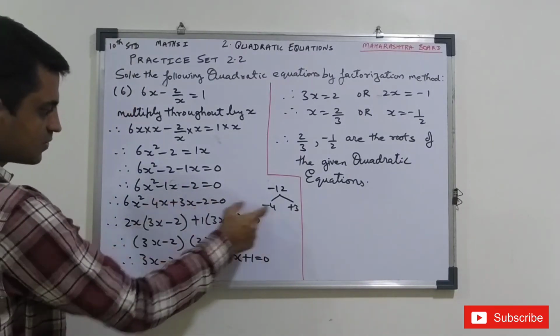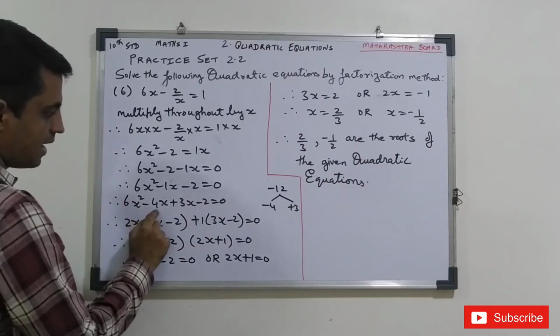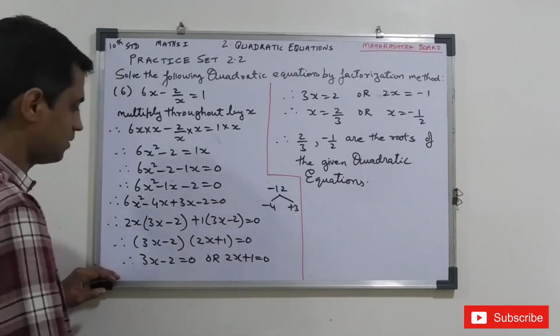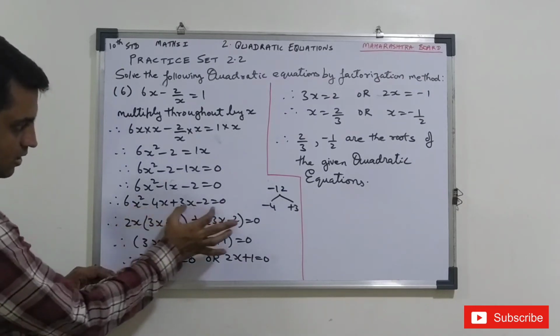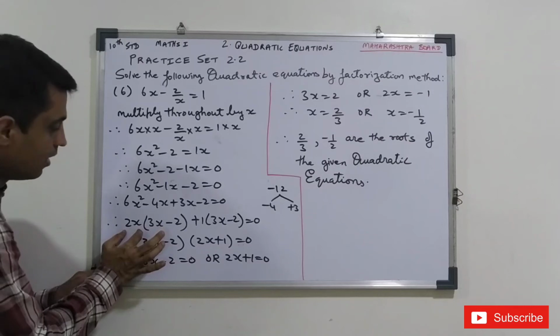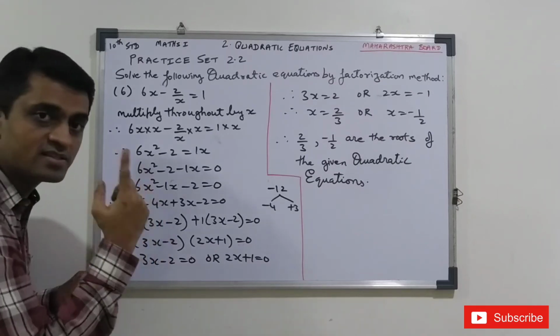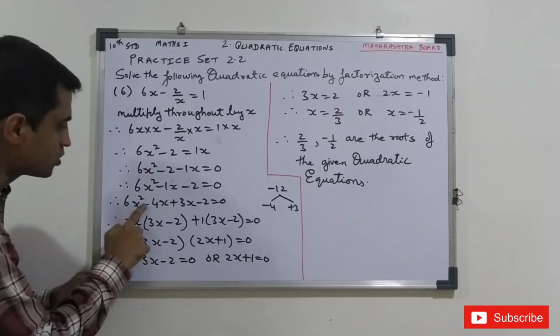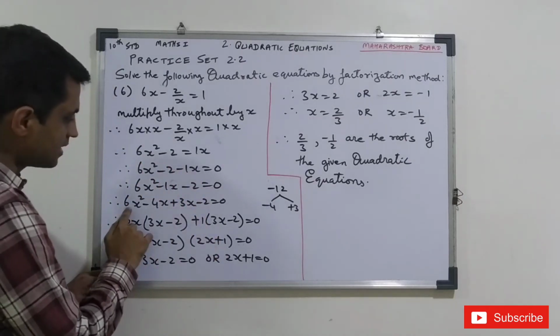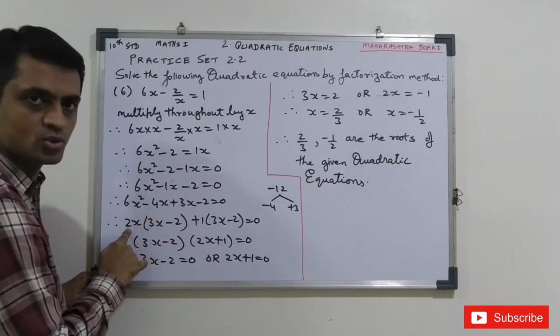Now, this we write here: 6x square minus 4x plus 3x minus 2 is equal to 0. After this, take two terms. From here, we have taken out 2x common. Why? Because 4 and 6 will go in the same table, 2. They both should be divided in the same table. So 6 and 4 go in the same table, that is 2.